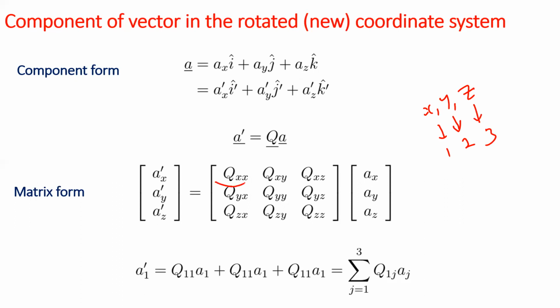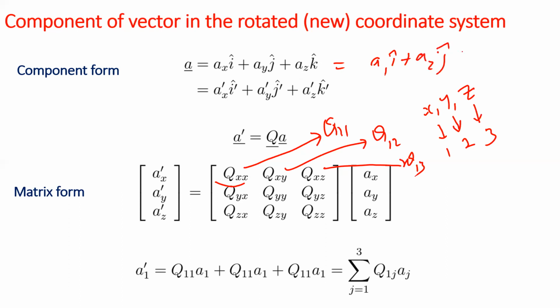So effectively, QXX becomes Q11, QXY becomes Q12, QXZ becomes Q13, and so on. And A is now equal to A1 I hat plus A2 J hat plus A3 K hat.